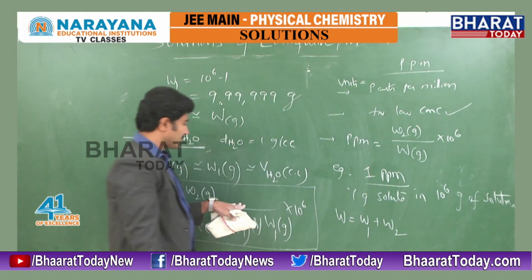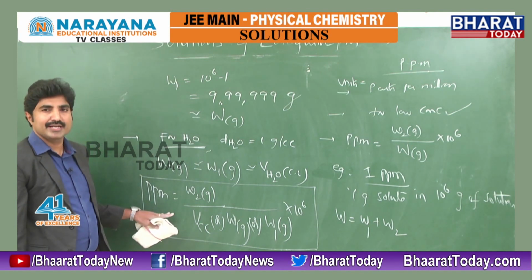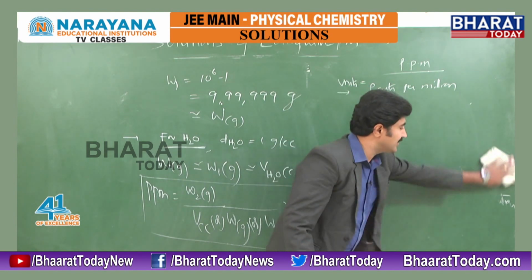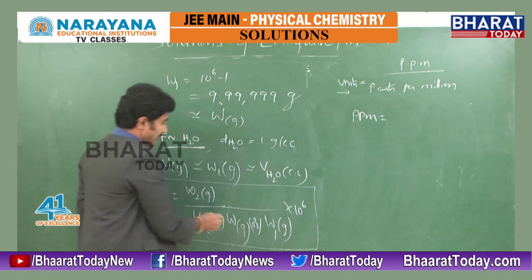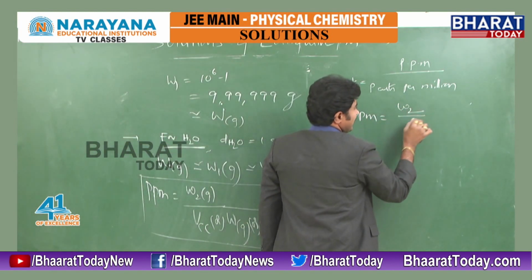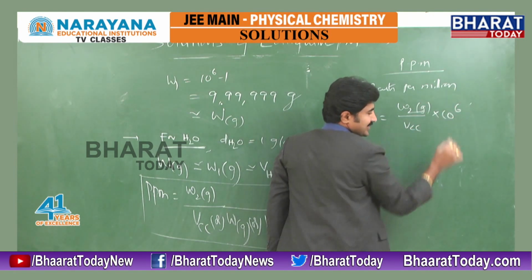From this expression, we will get the relation between molarity and parts per million. ppm is equal to W2 in grams by volume of the solution in cc into 10 power 6.